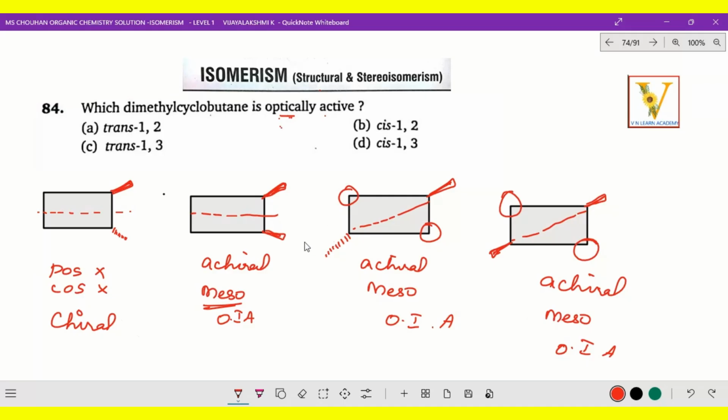I hope you got the clarity. Now you yourself identify which is the correct option: option A, this is B, this is C, and this is D. Option A is the correct option. Trans 1,2 dimethyl cyclobutane is optically active, chiral, and POS and COS are absent. I hope you got the clarity. Come on, let's go to the next question.